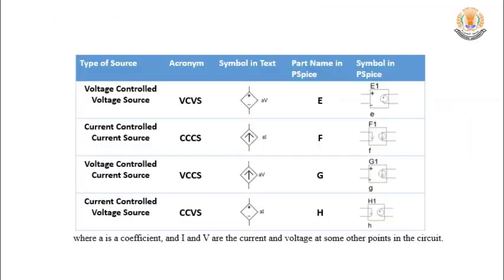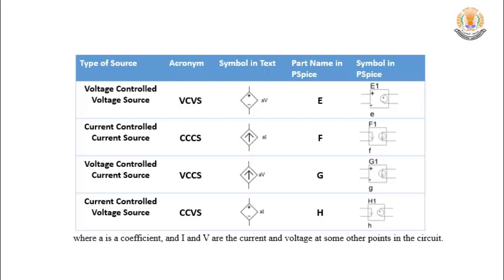This is what's going to be used in simulation, like BSpice or any software for circuit analysis. We have 4 dependent sources, and all of them are in diamond or rhombus form. If you look at this one with polarity plus minus, and here plus minus, the top one is controlled by what?